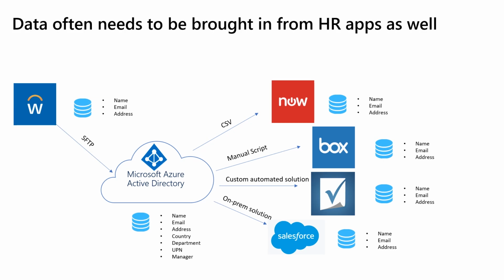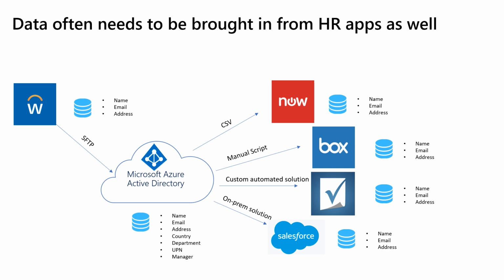Imagine now you have an HR application which is sending the data to your master of identity, like Azure Active Directory, through SFTP or a secure channel. Generally, HR applications have much richer information about a user, like the employee ID, name, email address, cost center, etc. You can have multiple HR applications.